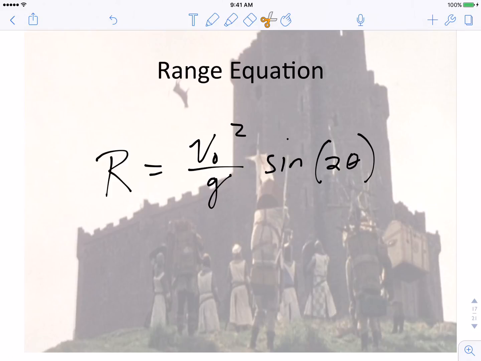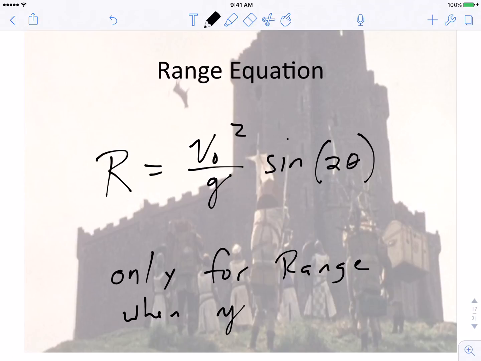But remember, it can only be used for range. And that's when y initial is equal to y final. If that's not the situation, don't use this formula, because if you do use it in a situation where y initial doesn't equal y final, I will have to write on your test, bad, and we don't want that.